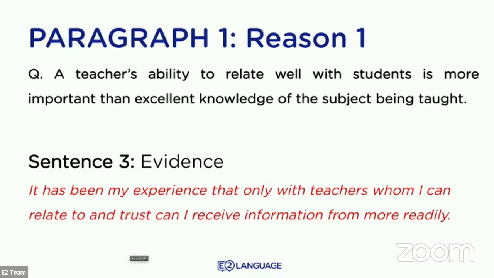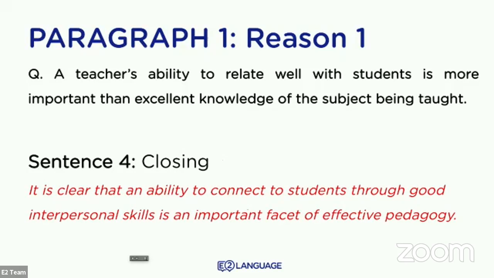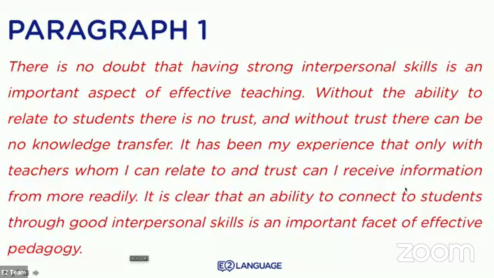Sentence 3, it has been my experience that only with teachers whom I can relate to and trust can I receive information from more readily. Now I need to close this paragraph. It is clear that an ability to connect to students through good interpersonal skills is an important facet of effective pedagogy.